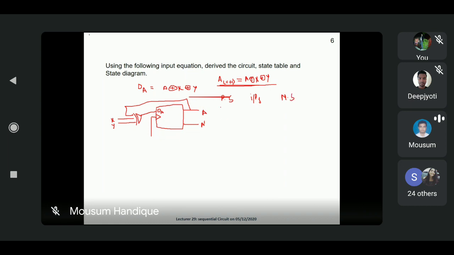Present state means A, and inputs means X and Y, because we are using 2 inputs, X and Y. And the next state is A(t+1).